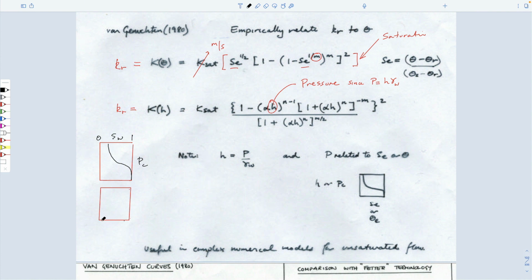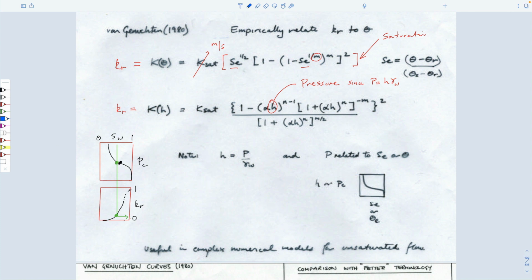Between 1 and 0. So I guess the only point I want to make is that if you're existing on this curve somewhere, then you can define your saturation, and that saturation would de facto give you a value of relative permeability. Right? So if this is the point of the pressure curve you're on, and you know your saturation, then you certainly can determine relative permeability.